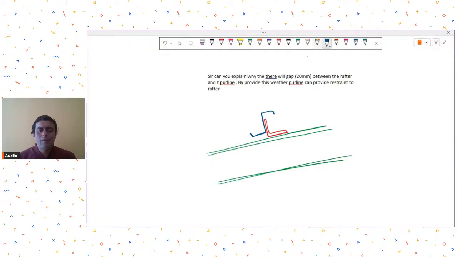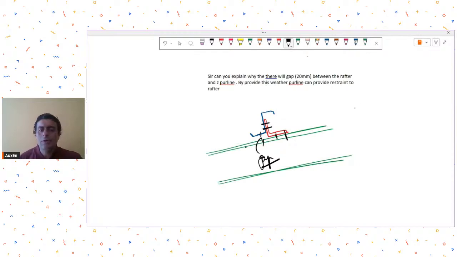So why do we do it? For the sake of simplicity and ease. If we have a physical gap, it is easy to install the purlins, and then this is connected with bolts, and of course this cleat is connected with the rafter. So there is a physical gap between the purlin bottom and the rafter.